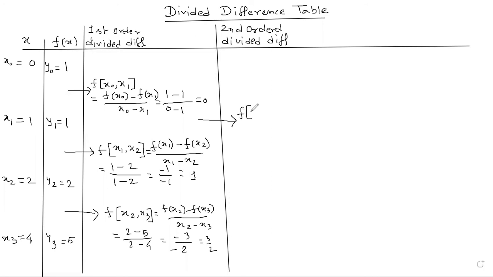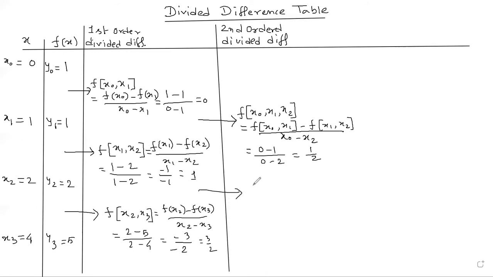It is denoted by f of x0, x1, x2, which is defined by f of x0, x1 minus f of x1, x2 divided by x0 minus x2. Here we have already evaluated f of x0, x1, which is over here, and the value of f of x1, x2 is also present in the previous column, which is equal to 1. So we need to just substitute the values, which is equal to 0 minus 1 divided by x0 minus x2. So it is 0 minus 2, so it is given by half.